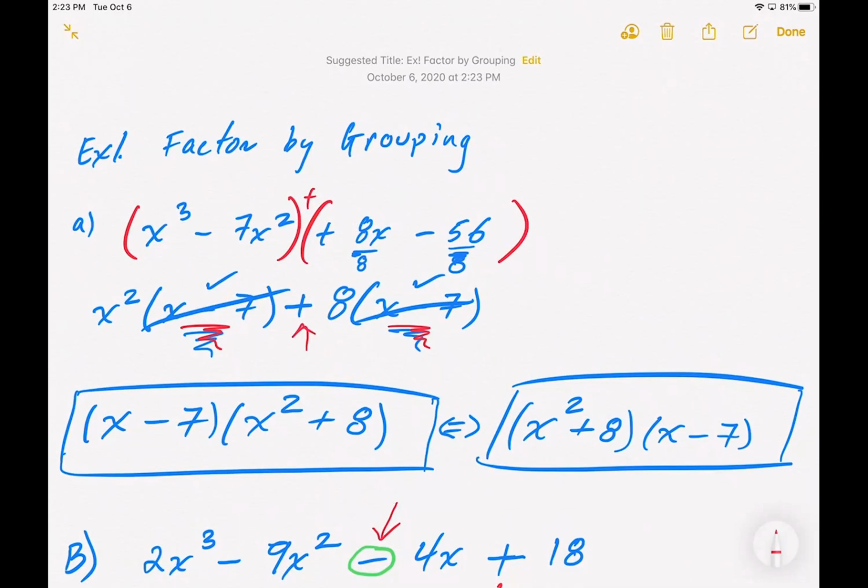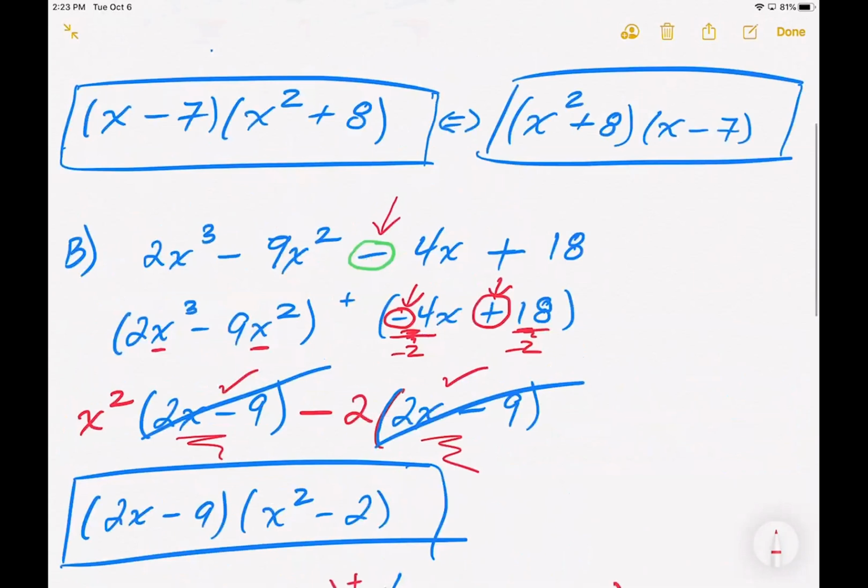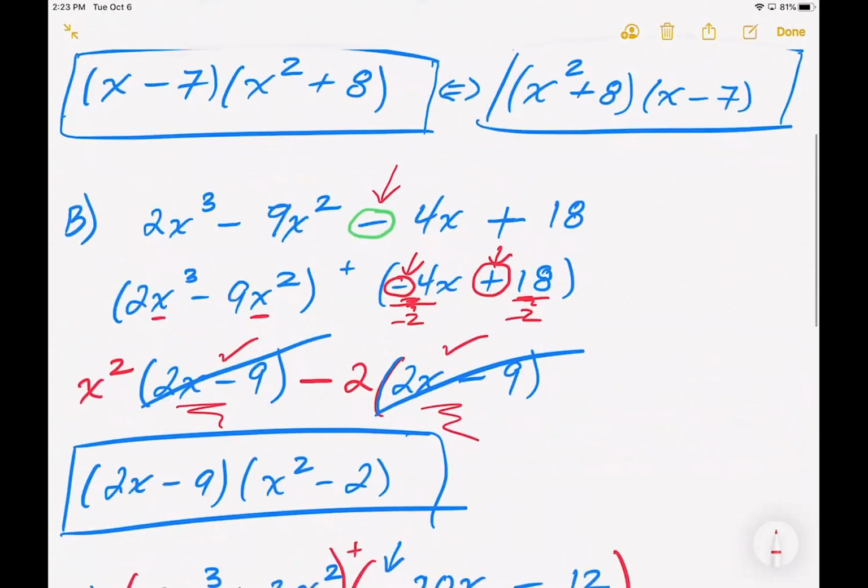Let me give you part D, and let's take a look at this item.